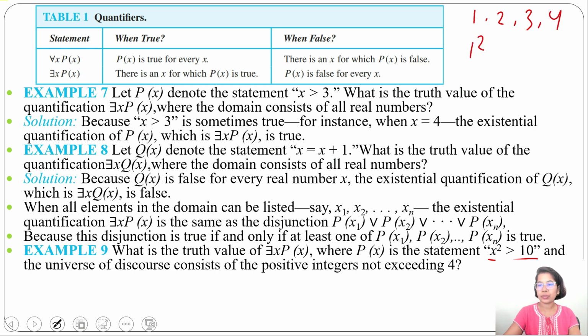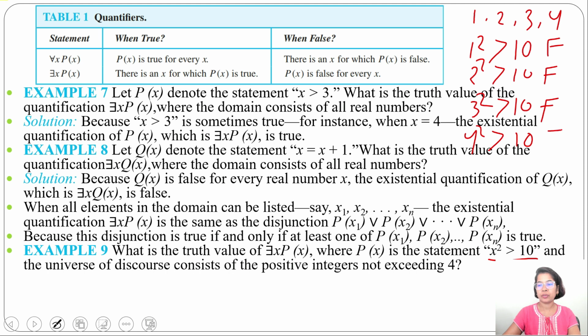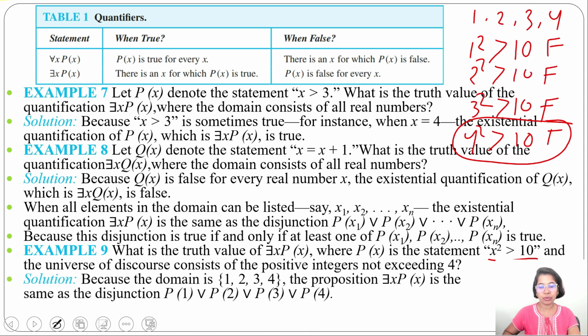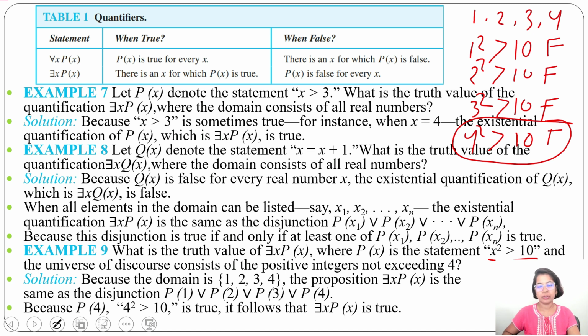Now 1 square greater than 10, false. 2 square greater than 10, false. 3 square is 9, greater than 10, false, it's less than 10. Now 4 square is 16, 16 greater than 10, true. As for at least one value, when x equals 4, it is true, I can say there exists x Px is true, as P of 4 is true.